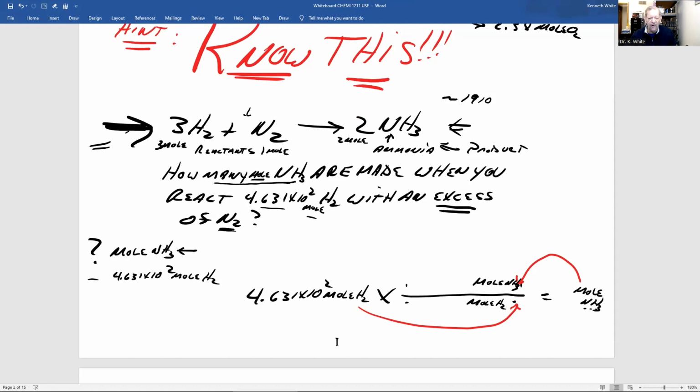Remember, when there's no coefficient, it's the number 1. But since we have nitrogen in excess, we just ignore it, and I will. So, how many moles of ammonia? 2.